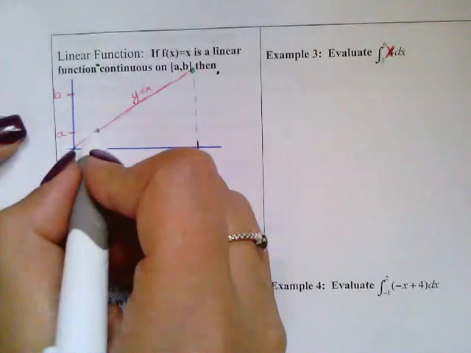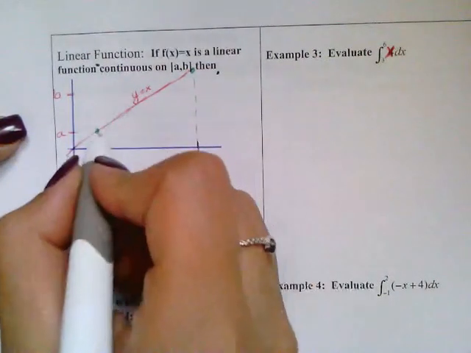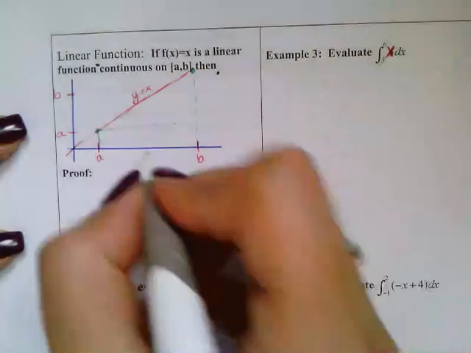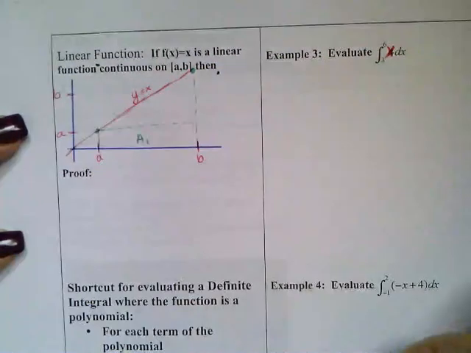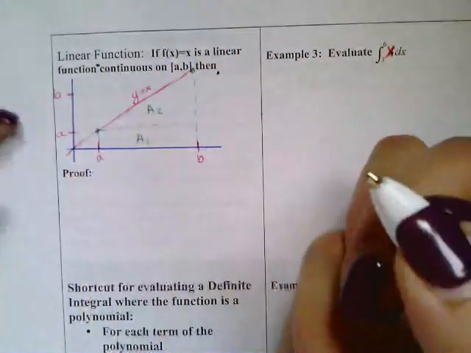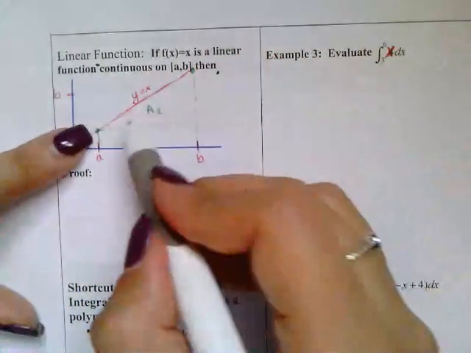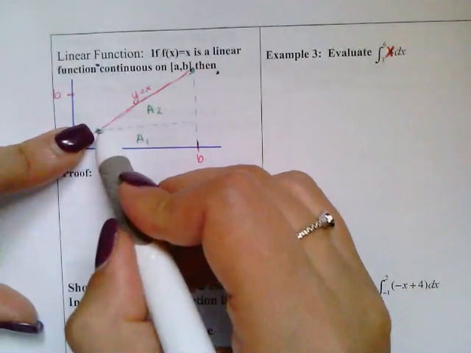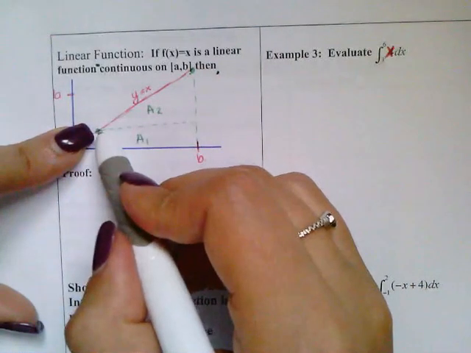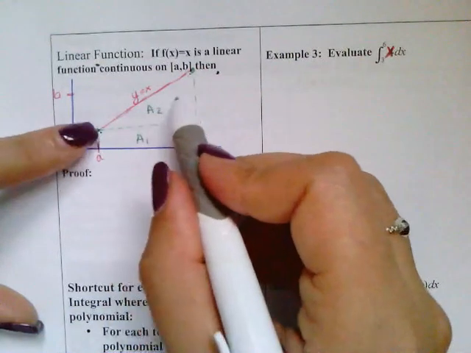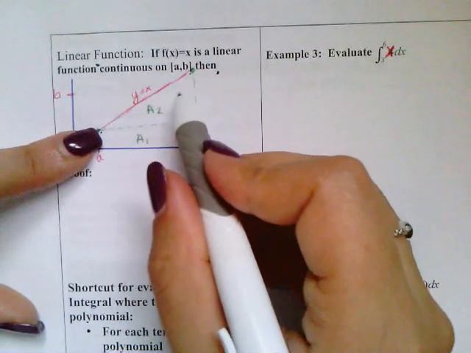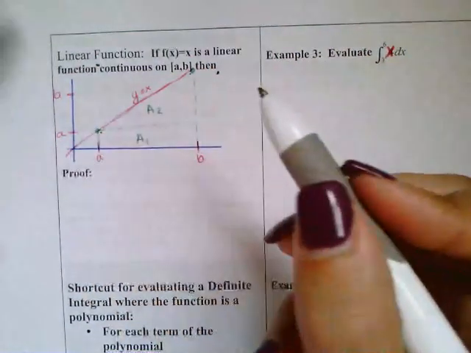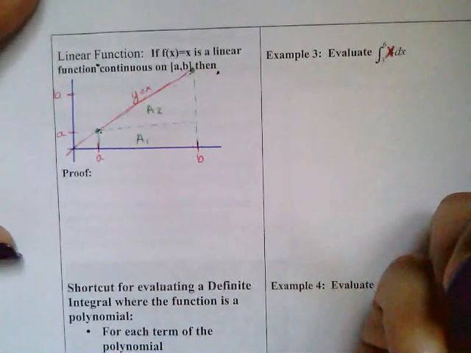Instead of using rectangles, what I could do is separate this into here's area 1 and here's area 2. And the only reason I can do that is because we know that this is going to be a perfect triangle. So geometrically, I know that I can figure out the area of y equals x if I have my triangle. Okay?